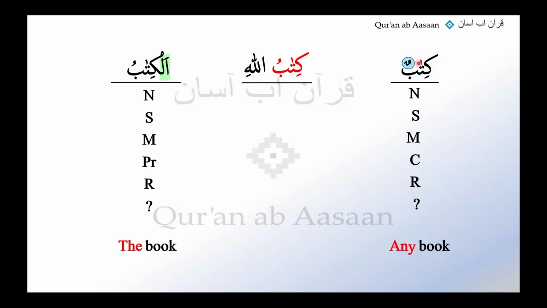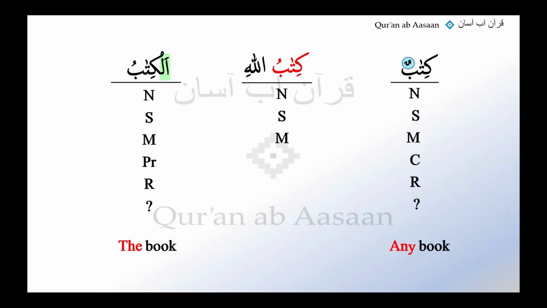But we have just analyzed kitabun and al kitabu, and this is so similar that we have some hint that it must be a noun. So let's just start with the noun. These two are telling me that this must be a noun. So, noun, and this must be singular. And kitabu, we know that this is most definitely a male.